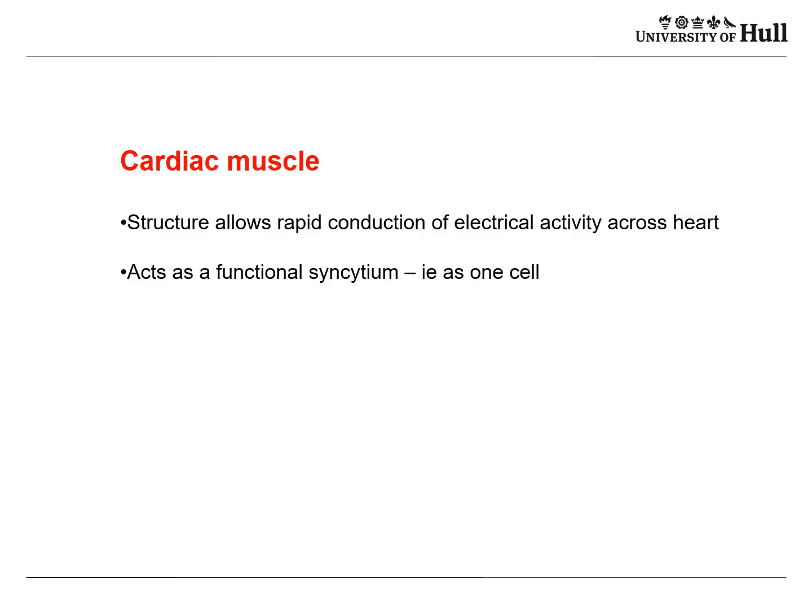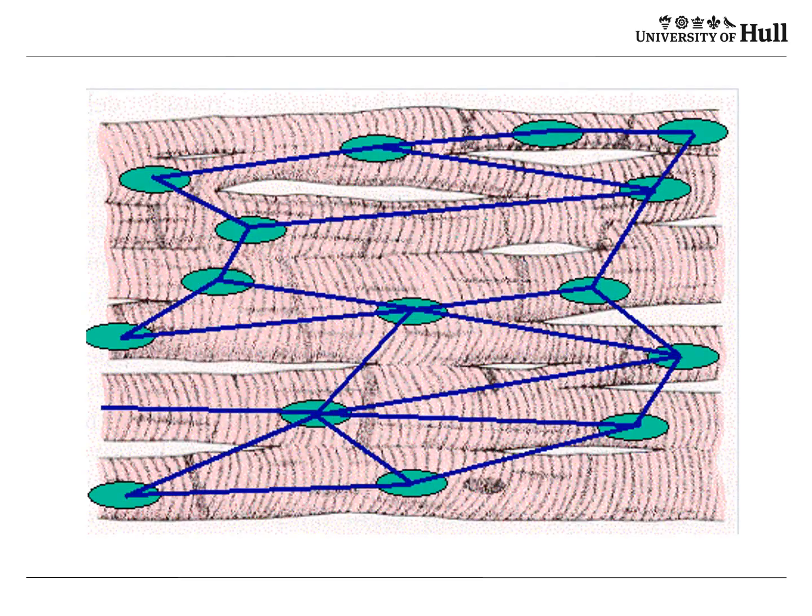It acts as what is called a functional syncytium. In other words, it behaves almost as if it were one cell. And this diagram is just meant to show that across the cardiac muscle, electrical activity can travel in many directions.